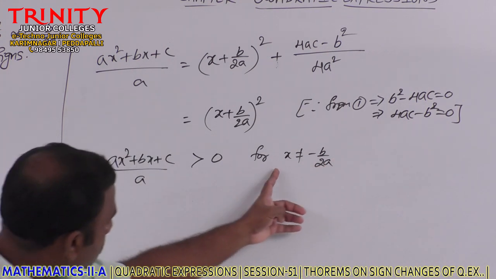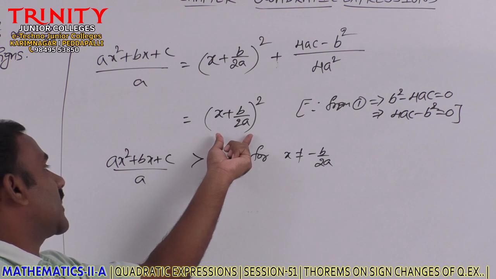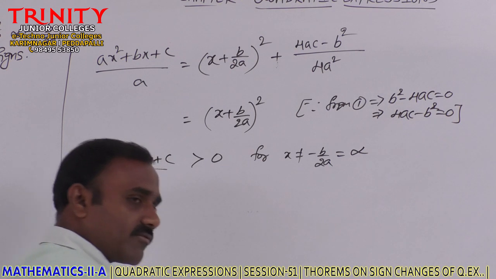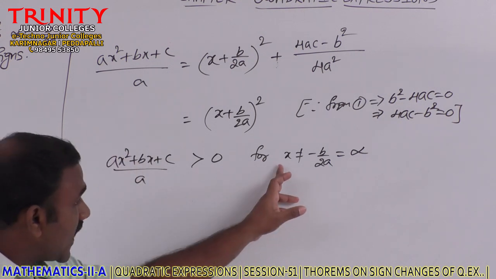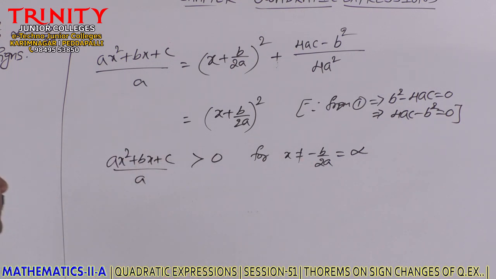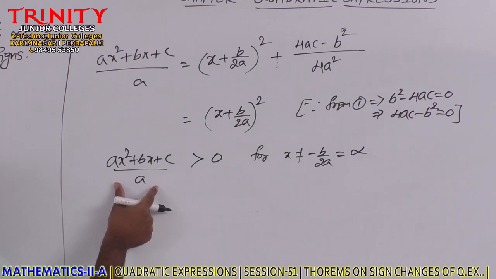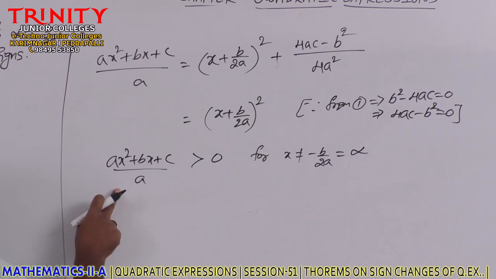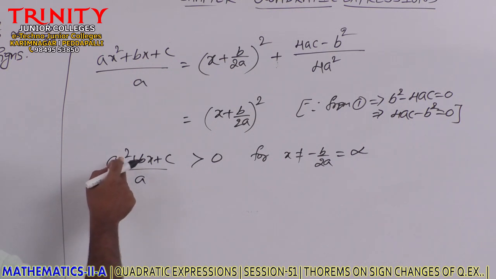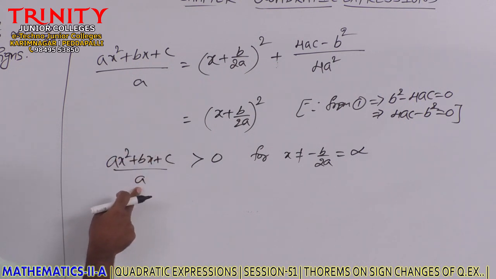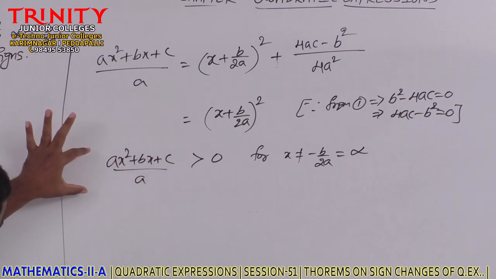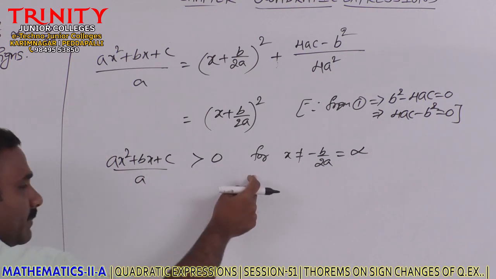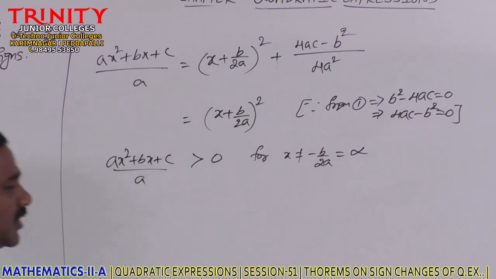If x is equal to minus b by 2a, then this value becomes 0. This is the root we are considering as alpha. Therefore, other than x equal to minus b by 2a, ax square plus bx plus c by a is always greater than 0. This is possible when the expression ax square plus bx plus c is positive and the coefficient a is positive, or the expression is negative and the coefficient of x square, a, is also negative. Positive by positive is positive, negative by negative is also positive, for x not equal to alpha.